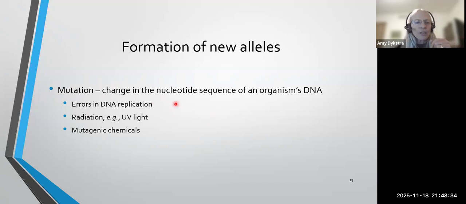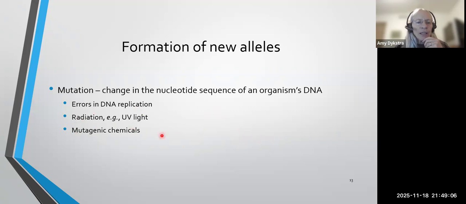Another thing that can cause a mutation is radiation, such as ultraviolet light. Ultraviolet light can cause breakages in the DNA chain. And again, usually the DNA repair mechanisms can fix that, but sometimes when they fix it, they put in the wrong nucleotide, and so sometimes you can get a mutation. Sometimes these kinds of mutations will end up causing changes like cancer in cells.